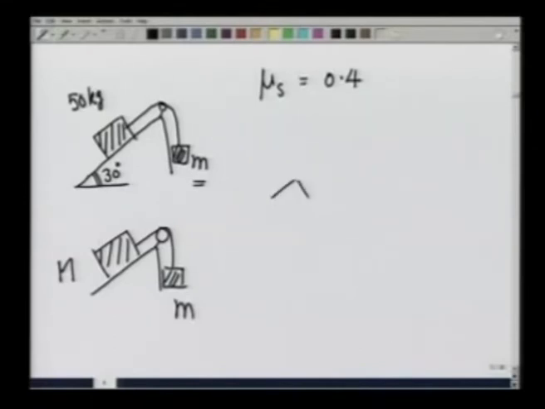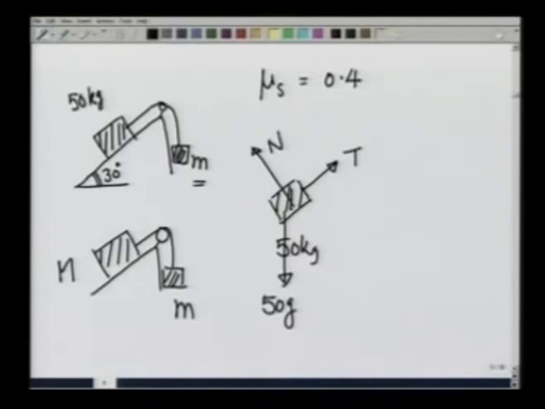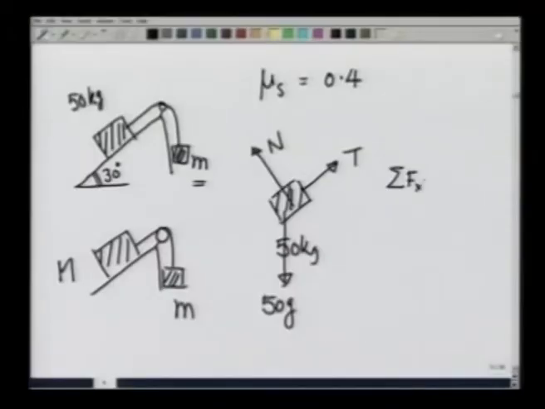If I make a free body diagram of the 50 kg mass, it would have tension T pulling it up, force 50 G pulling it down, and a normal reaction from the surface. If it is not to move, then all the forces should satisfy summation Fx equal to 0 and summation Fy equal to 0.